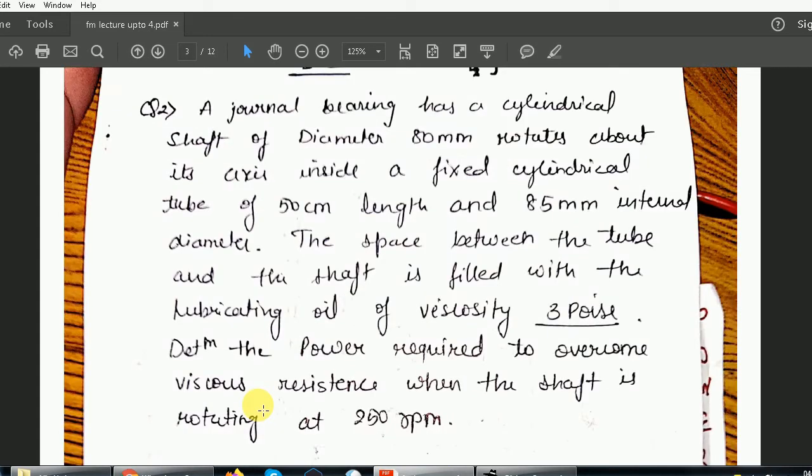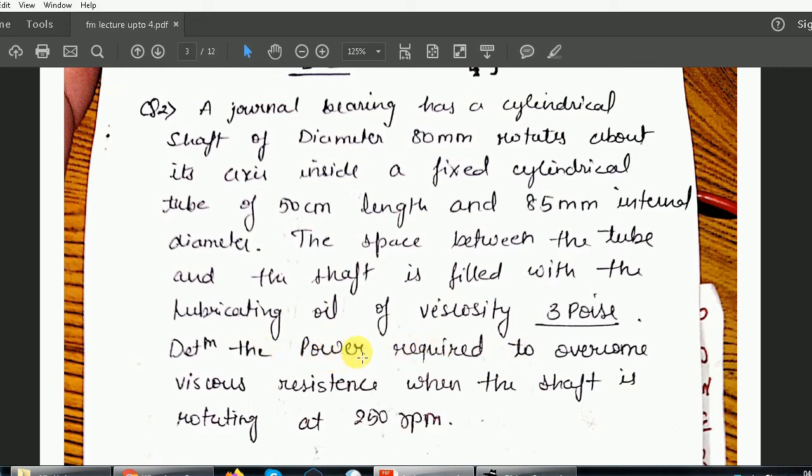Now the second question. A journal bearing has a cylindrical shaft of diameter 80 mm, which rotates about its axis inside a fixed cylindrical tube of 50 centimeter length and 85 mm internal diameter. The space between the tube and the shaft is filled with lubricating oil of viscosity 3 poise.